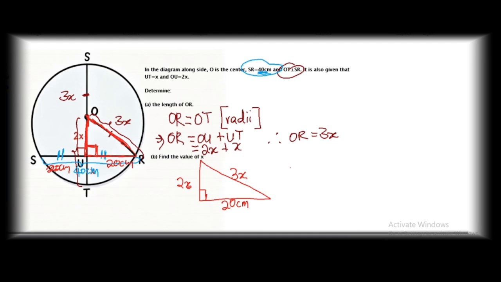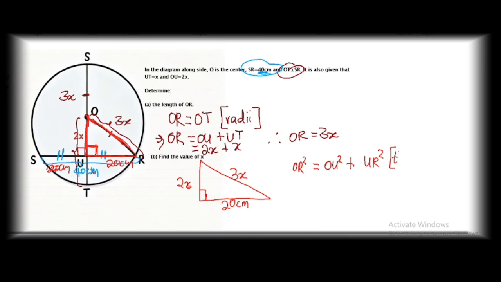From here, we are going to use the theorem of Pythagoras. This theorem is going to be OR squared, which is equals to OU squared plus UR squared.